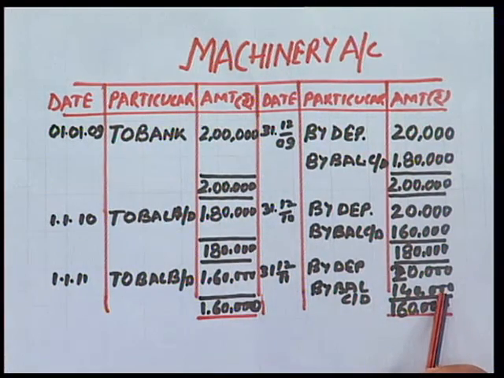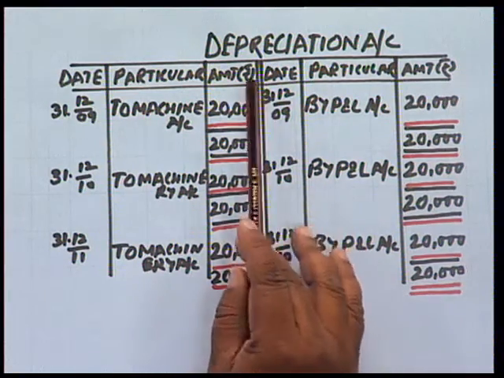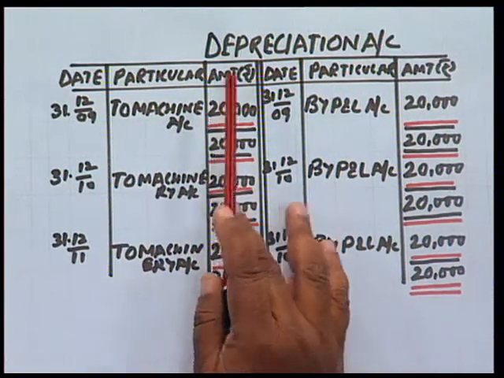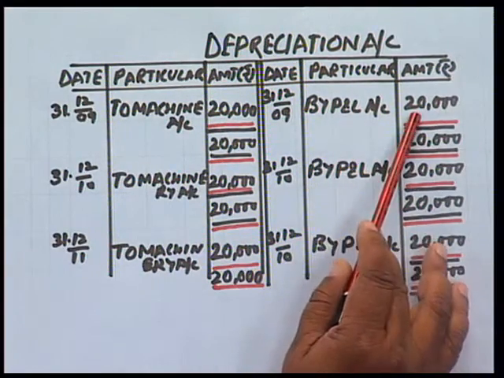So what we see here, that under this method, when we are transferring the depreciation to asset account, the value of asset is declining every year with the amount of depreciation. Now let us see how we prepare the depreciation account. In the depreciation account, we are transferring the depreciation at the end of the year to machinery, and every year depreciation will be transferred to profit and loss account.